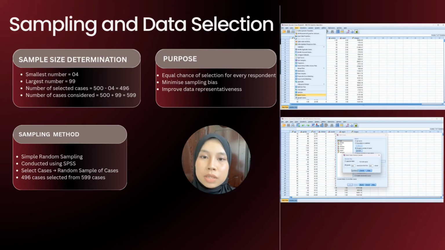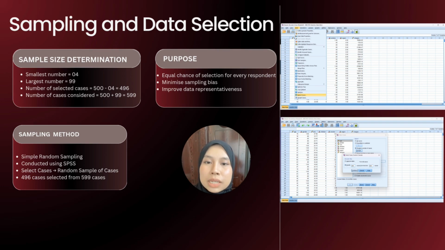For the sampling process, we use the simple random sampling method in SPSS. The highest last two-digit student ID number among our group members was used as the population size, which is n equal to 99. Meanwhile, the lowest last two-digit student ID number was used as the sample size, which is n equal to 04.